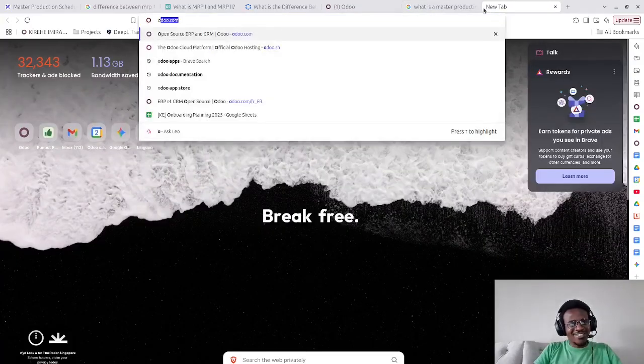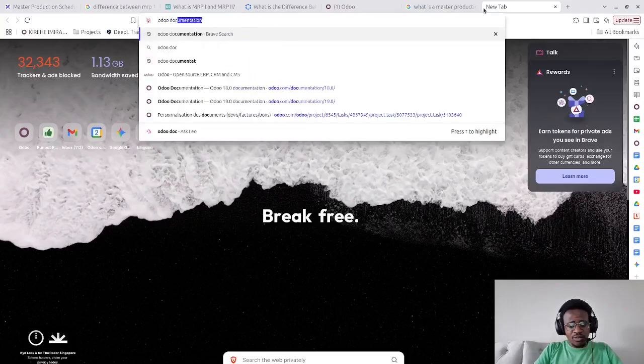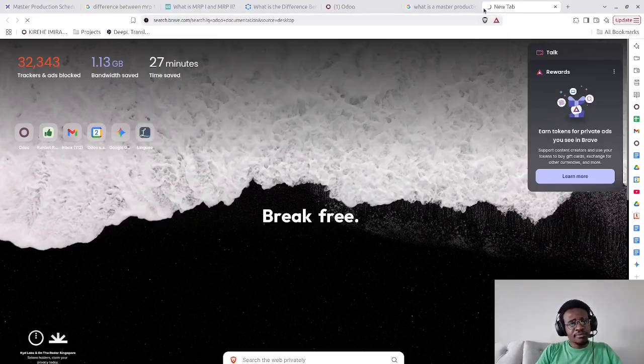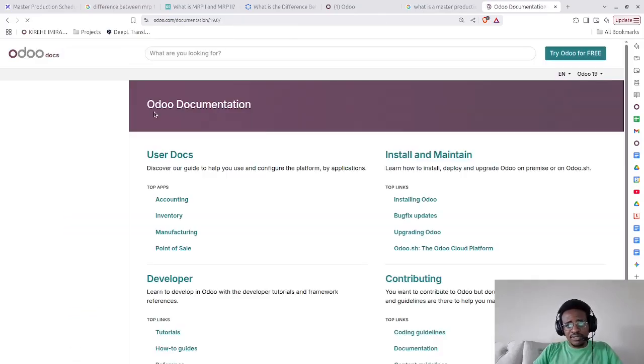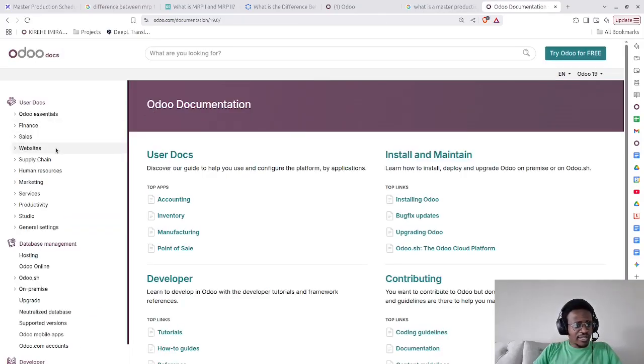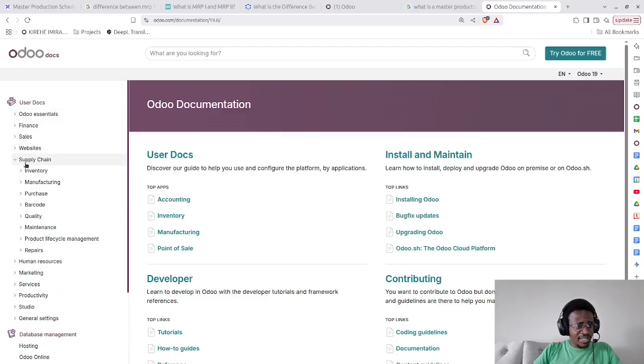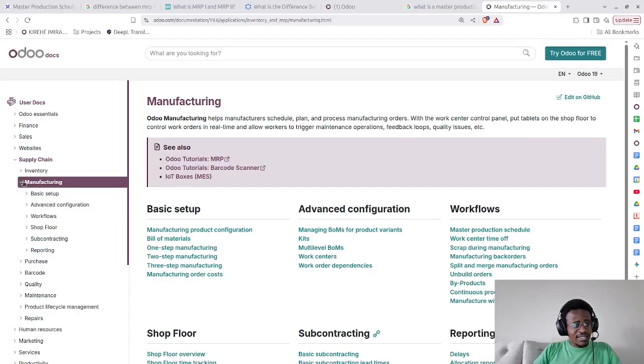Odoo documentation. Let's not rush ourselves. Odoo documentation. Let's see what they have to say about MPS. So when I go to Odoo, this is how you use the documentation. You can look for master production schedule. You do not see it here. So let's see something that is close to that. I think it will be supply chain. And I can go to manufacturing. And let me see, where do we see it?